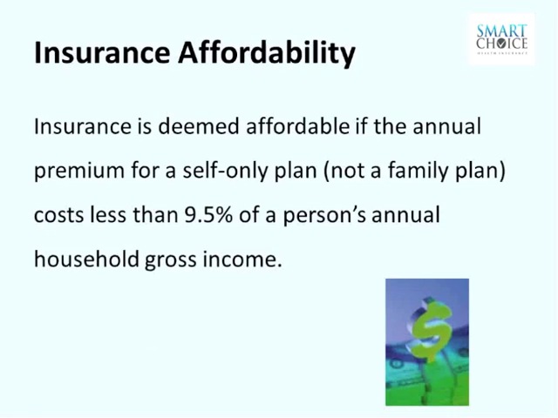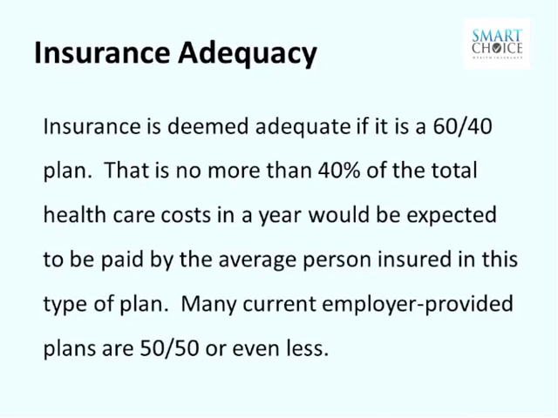So first of all, what's adequate and affordable? Affordability is considered the self-plan for your employee. If you provide insurance for your employee, their plan must not cost more than 9.5% of their annual income. So that's what is being called affordable.